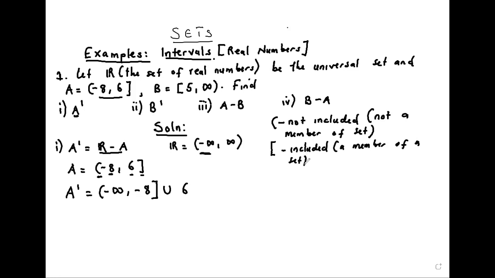If it's a member of A, then it's not in the complement of A. Comma, the boundary of the universal set, like that. That's the easiest way of getting the complement.